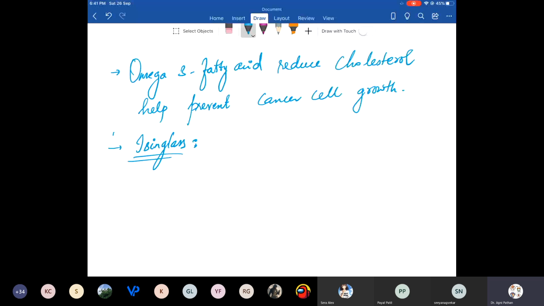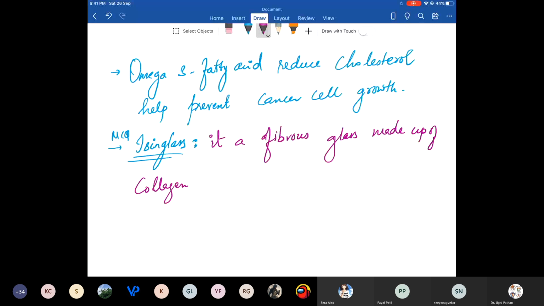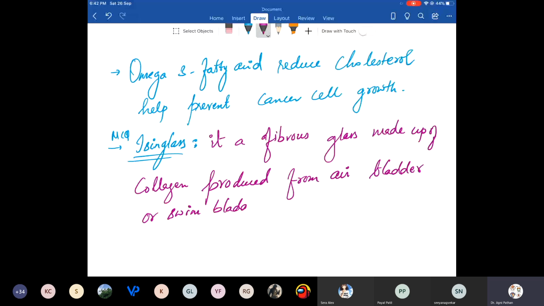It is a fibrous glass made up of collagen, produced from the air bladder or swim bladder of certain fishes and crabs.